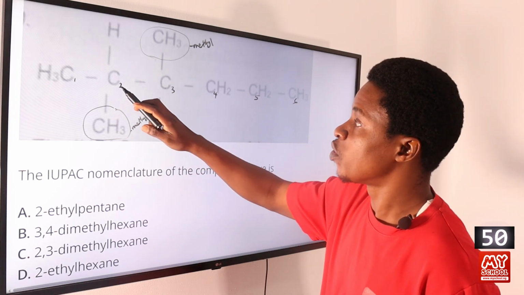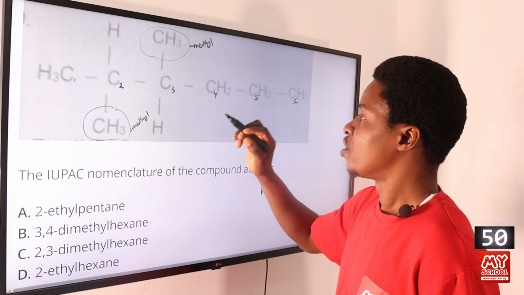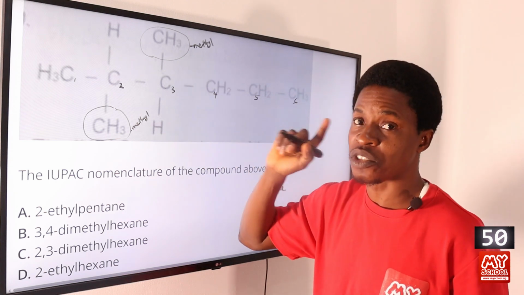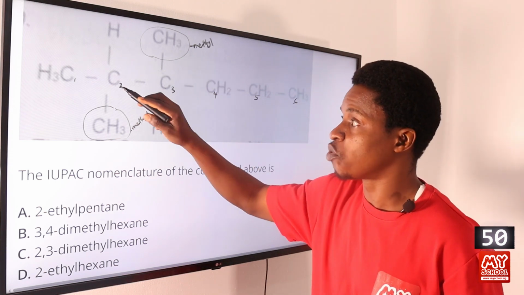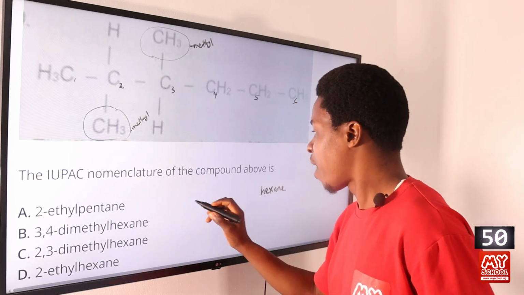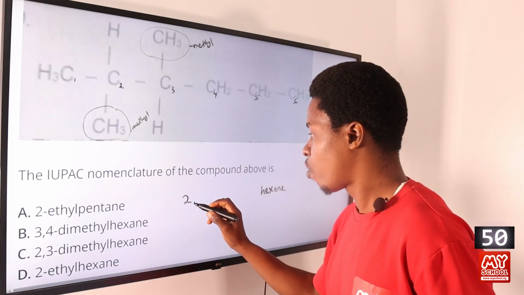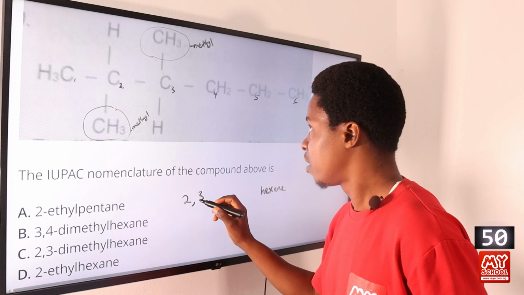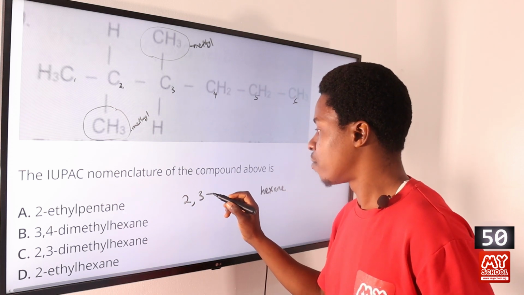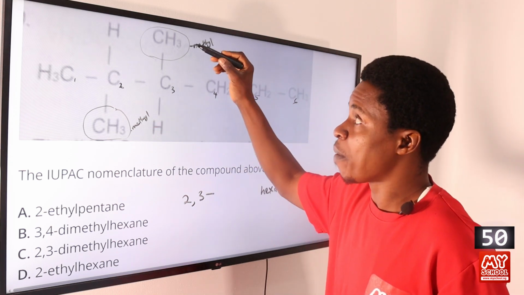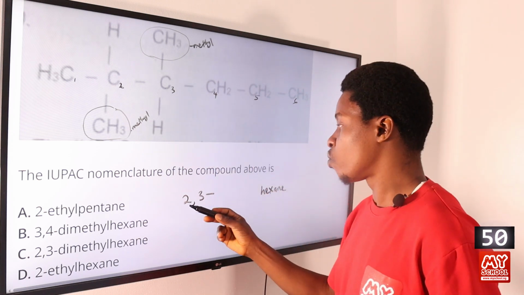So we have two methyl groups on carbon 2 and carbon 3. We are going to put those numbers first: 2,3. Then we have a hyphen. The two of them are the same, that's why we are having 2,3.